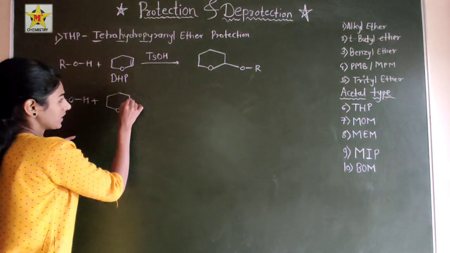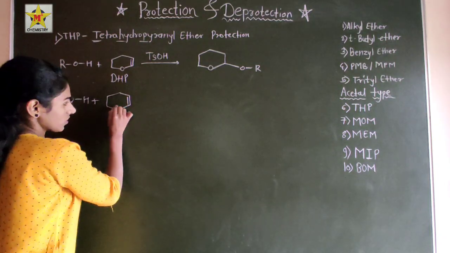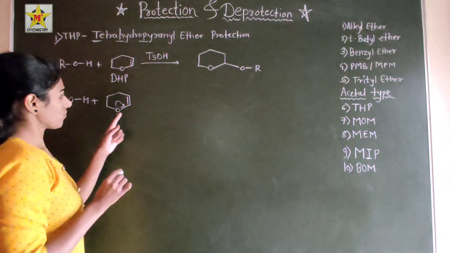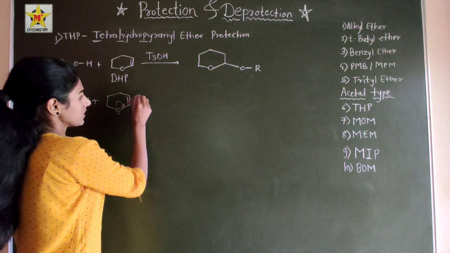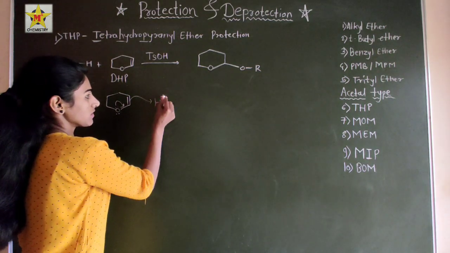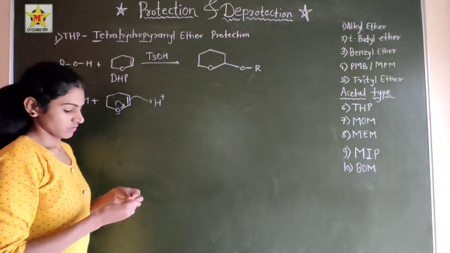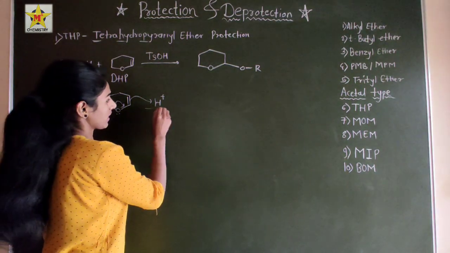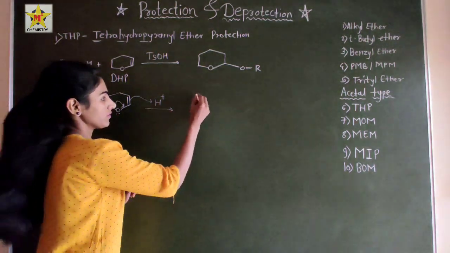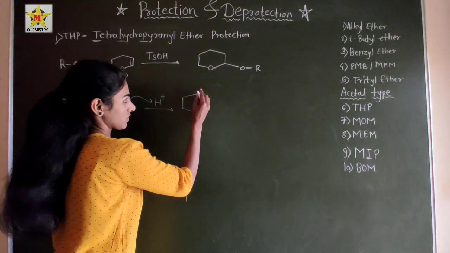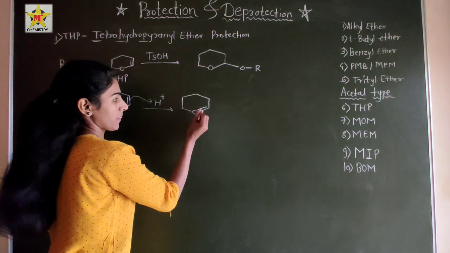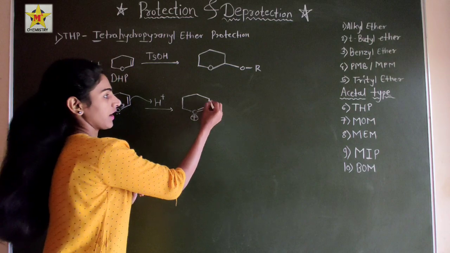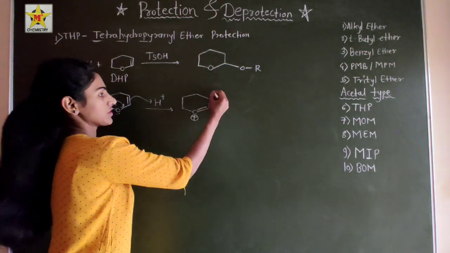This DHP oxygen lone pair will go over here, and this will take H plus from the acid or anhydrous acid salt, and it becomes oxygen positive charge, and here this hydrogen atom.